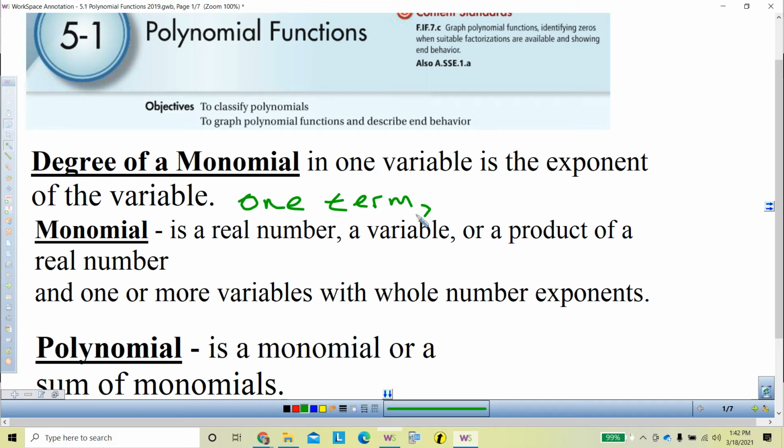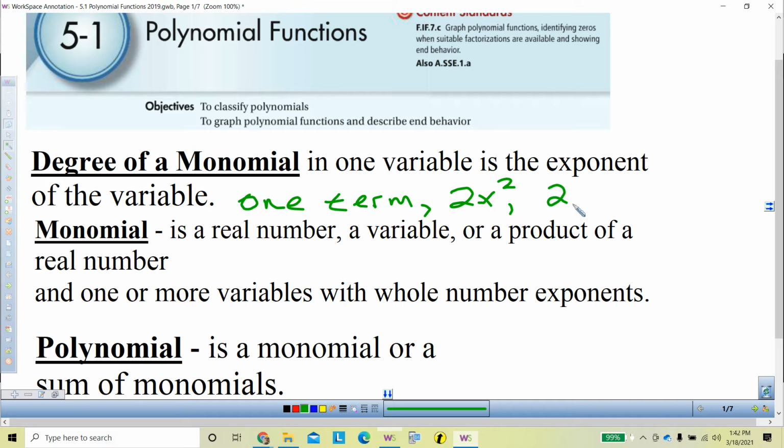An example of a one-term monomial would be 2x squared. You can multiply things with the variable, still a monomial. As soon as you add, if I did x squared plus 2, that's then a binomial. Terms in general are separated by plus or minus. So 2x squared is an example of a monomial.